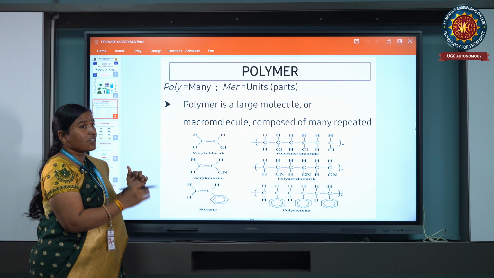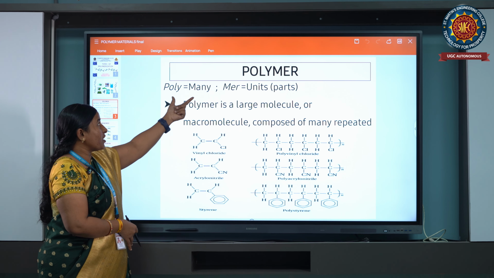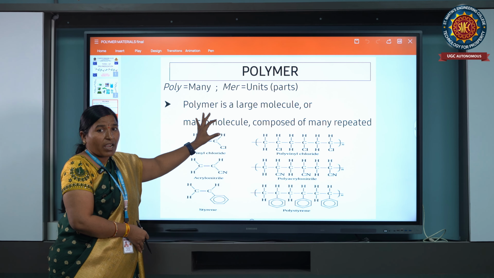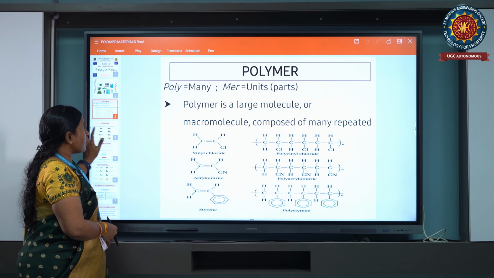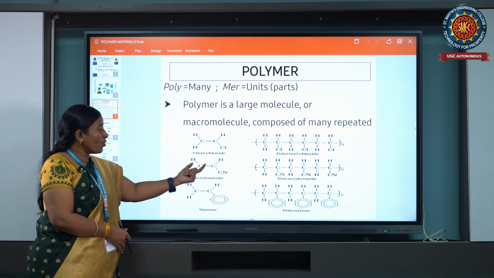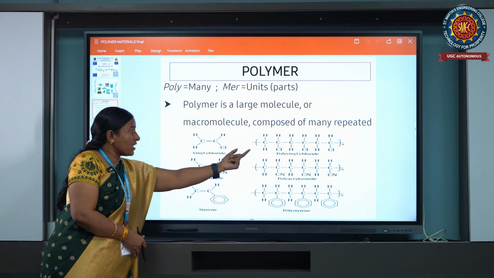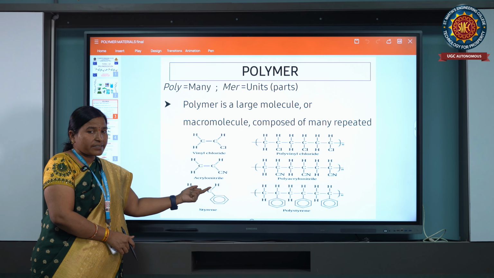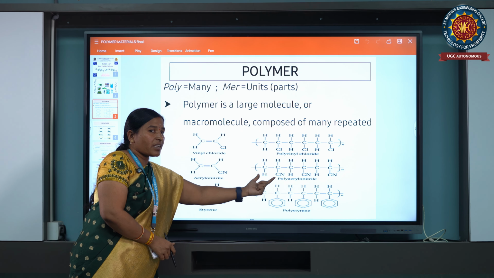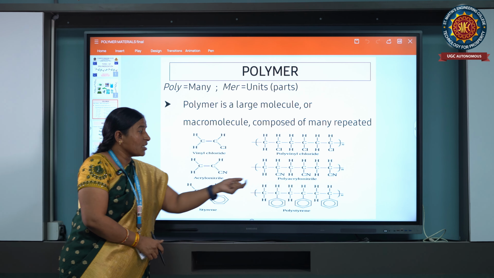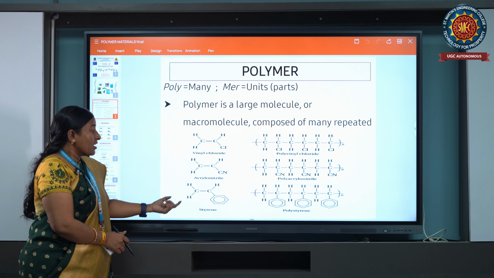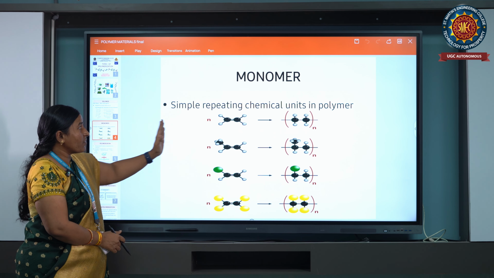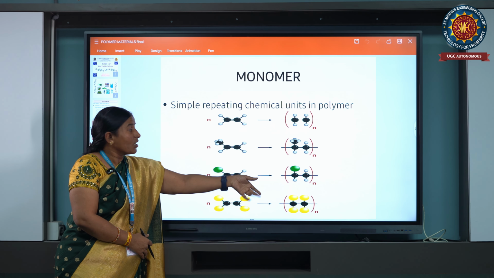Polymers are nothing but a long chain unit, where poly means many and mer means unit, and it is a macromolecule. Some examples: vinyl chloride combines and forms polyvinyl chloride, acrylonitrile as a monomer combines and forms a long chain polymer, polyacrylonitrile. Styrene gives polystyrene. These are the monomers from which we can prepare different types of polymers.